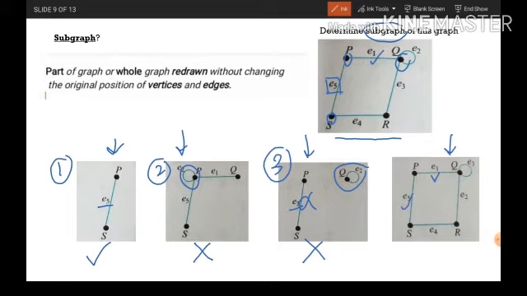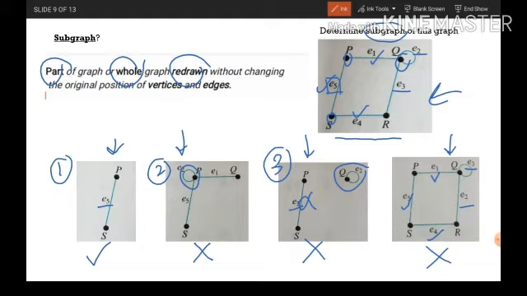And this is E5, correct? This is E4, correct? What about this E2? This is E3. This is E2 and this is E3. So this is not a subgraph for this original graph. So now you understand what is subgraph. Subgraph is just like a part or whole graph that we've drawn without changing the position of vertices and edges.